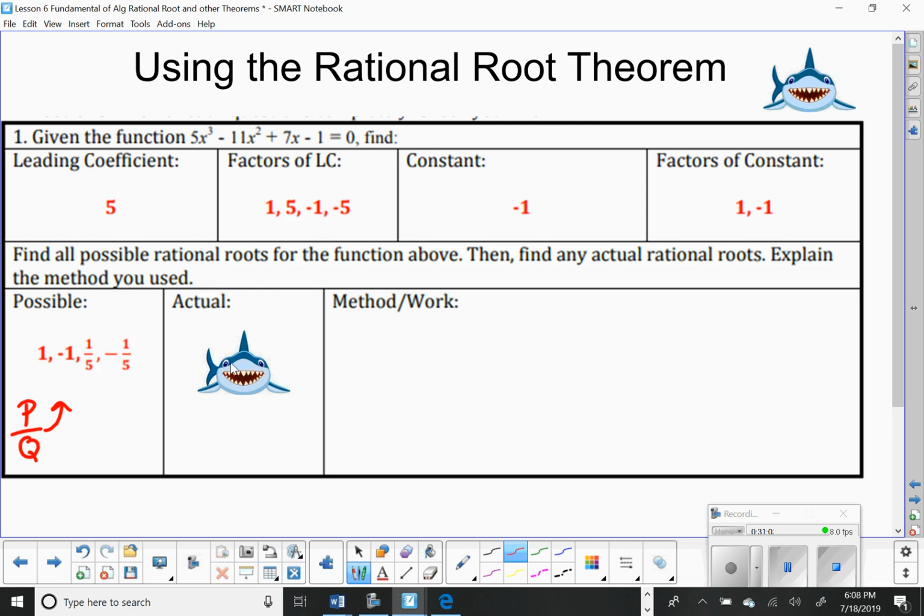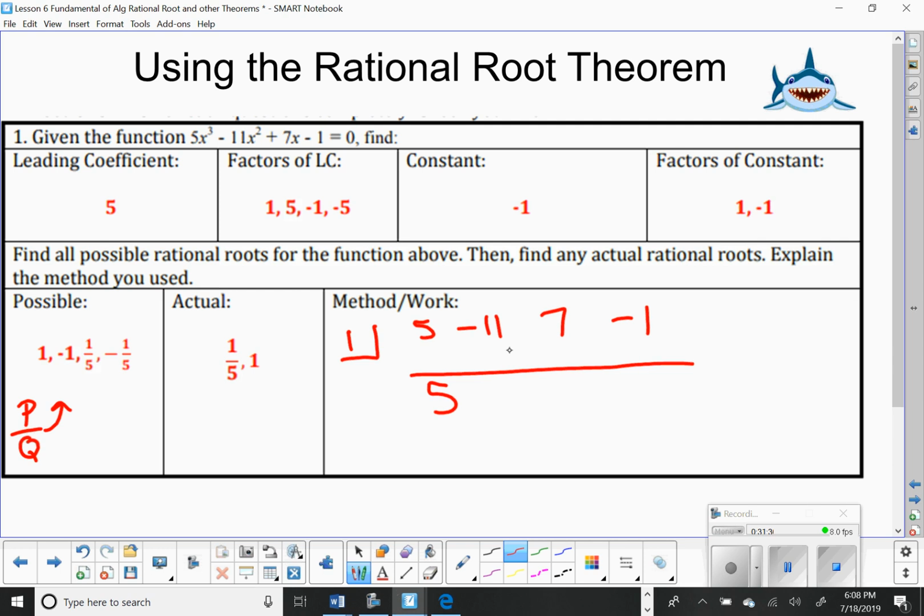Well, now the actual roots I'm going to show are 1/5 or 1. If you graphed this, you would find that it's crossing at 1/5 and at 1. So the method I could do is 5, -11, 7, -1, and I'm going to put 1 up here.